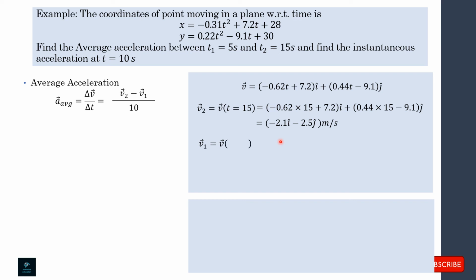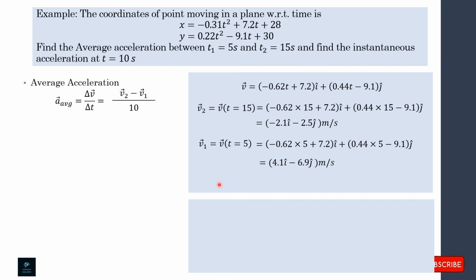Similarly, V1 is equal to V at t equal to 5 seconds, which is (minus 0.62 into 5 plus 7.2) i plus (0.44 into 5 minus 9.1) j. This comes out to be 4.1 i minus 6.9 j meter per second.